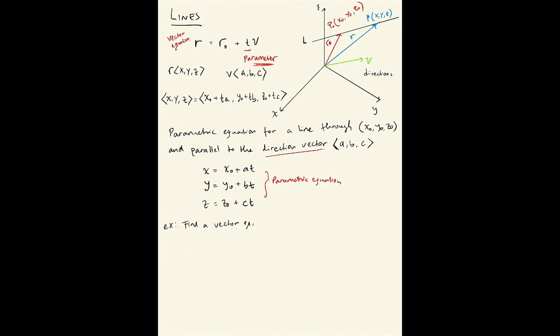So find the vector equation and parametric equation for the line passing through the point 5, 1, 3, and parallel to the vector i plus 4j minus 2k.